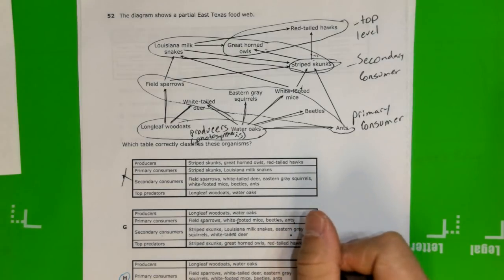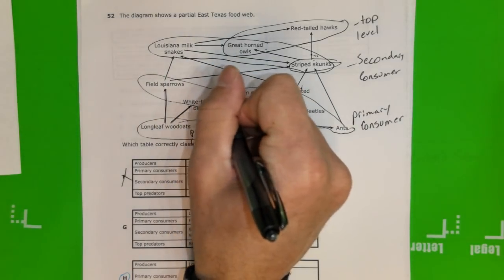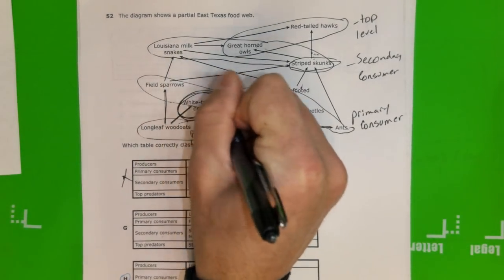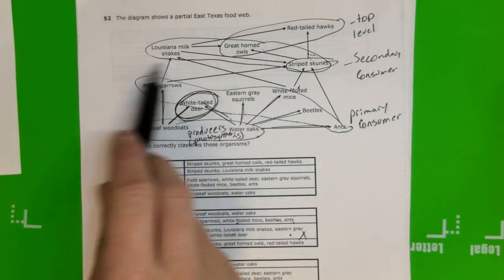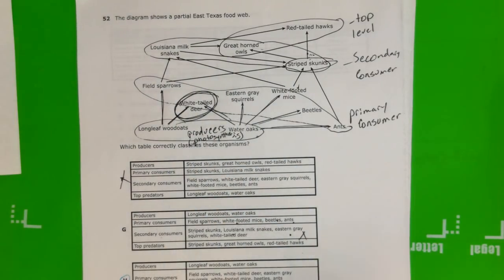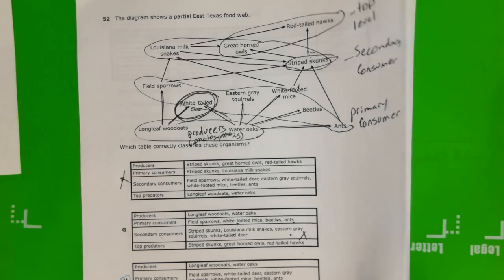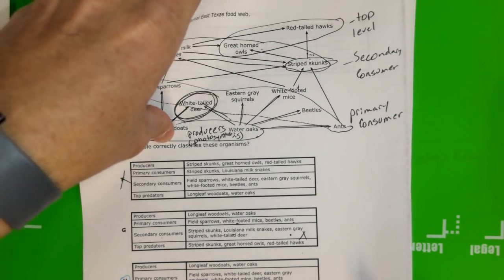Okay, that's not correct, because white-tailed deer only consume water oaks and wood oats. They're not up here. They don't consume other living things. So then let's go to H and J, and let's do the same thing.